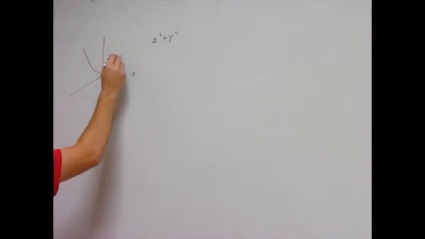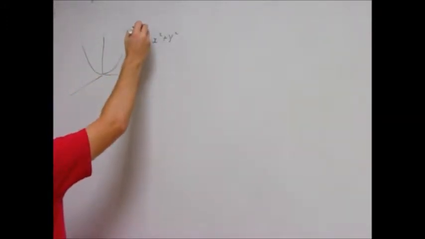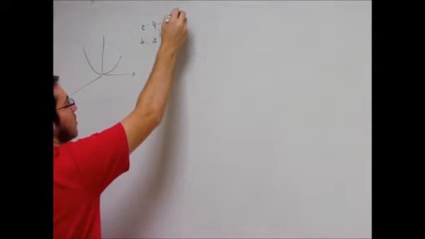And this region is bounded from below by the function x squared plus y squared, which, as we know, looks something like this. This is the bottom, and bounded from the top by 4 minus x squared plus y squared.